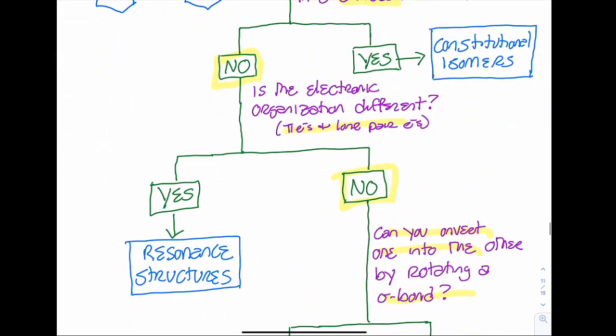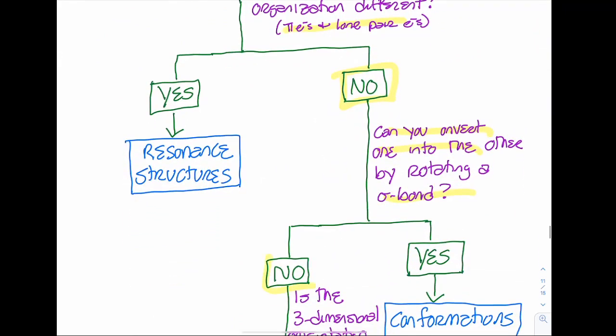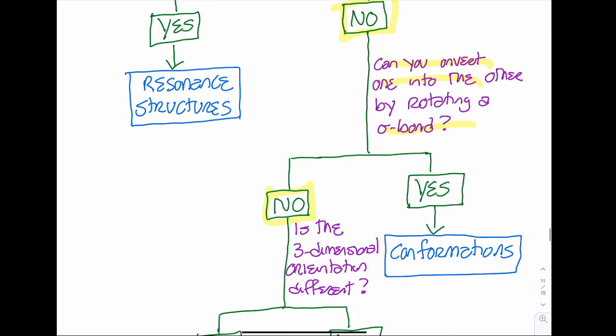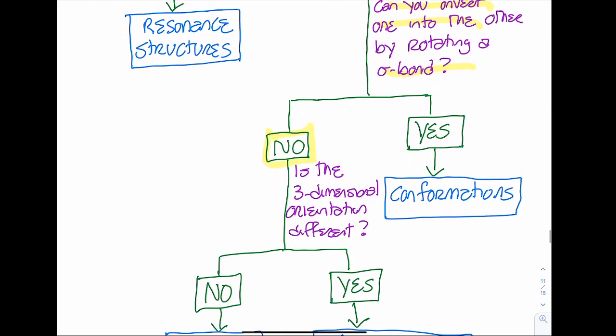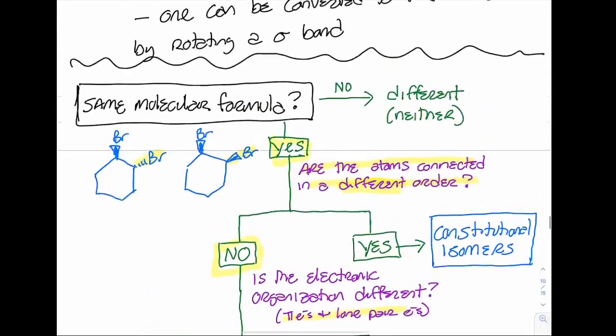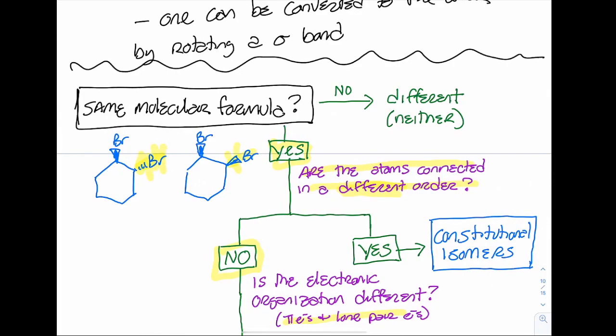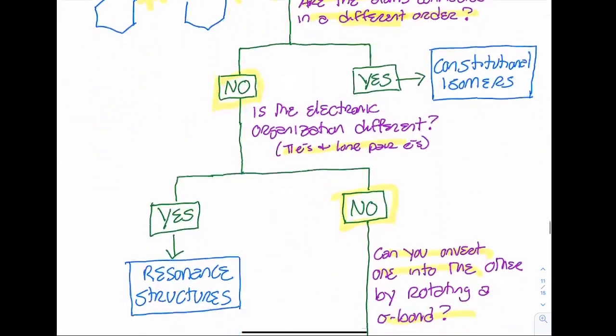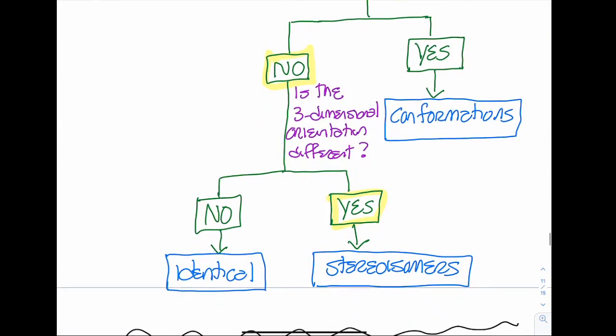So can I convert one into the other by rotating a bond? No. Is the three-dimensional orientation different? Yes. This bromine is going back, this bromine is coming forward. Sorry I scrolled so fast there. These guys are going to be stereoisomers of each other.